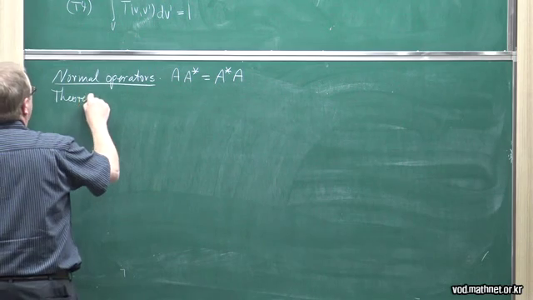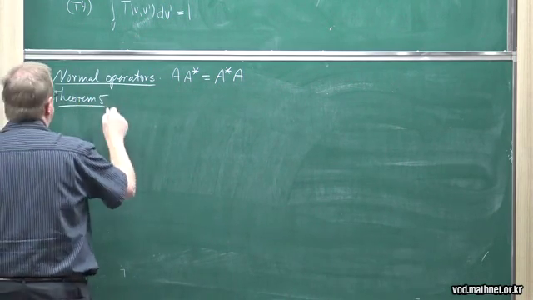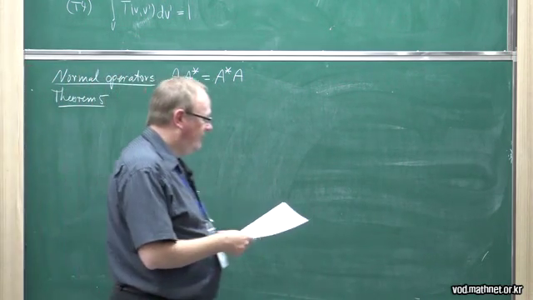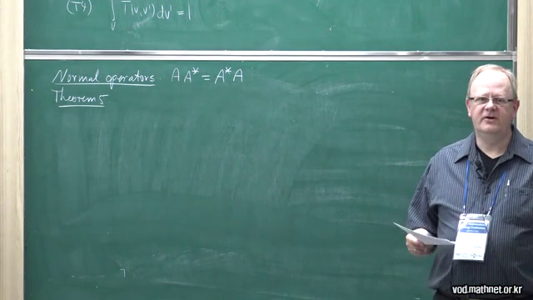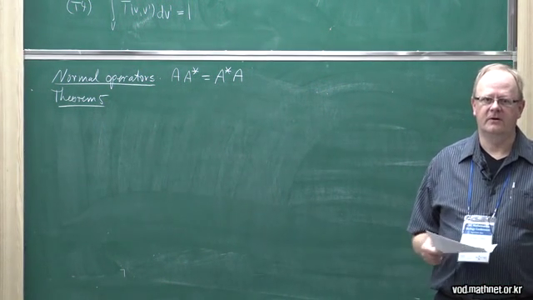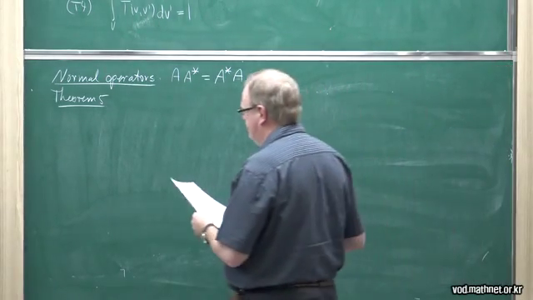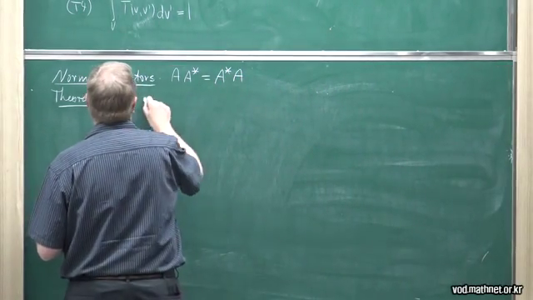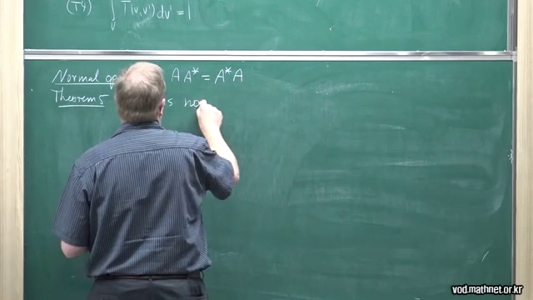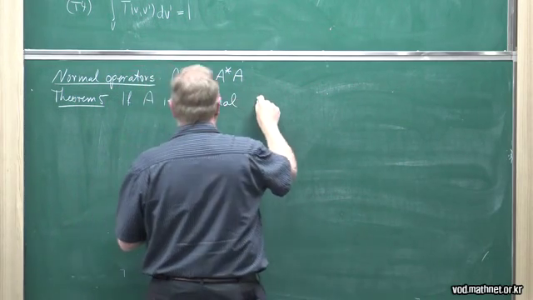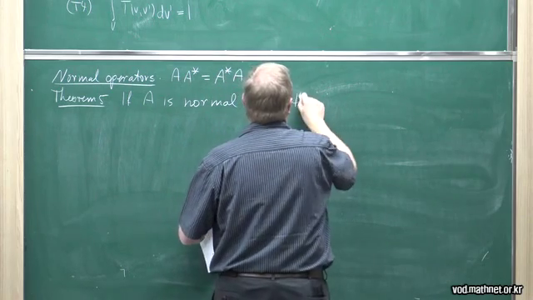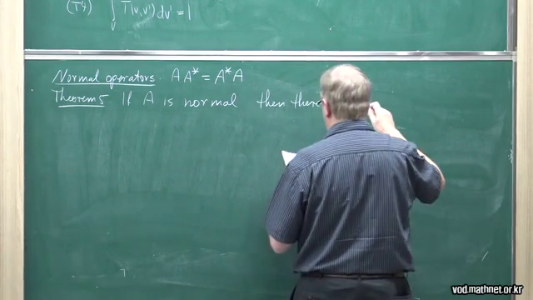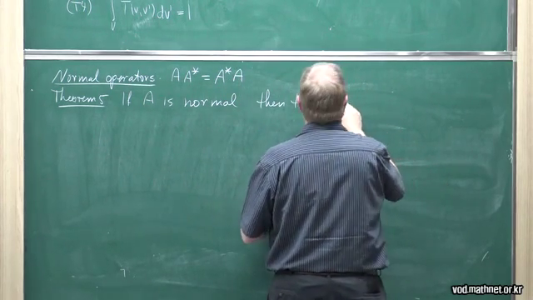So there's a theorem 5. Theorem 5 is a classical result which just says that we can have a spectral decomposition if we have a normal operator in a Banach space. So if A is normal, then there exists a complete set of orthogonal eigenfunctions.